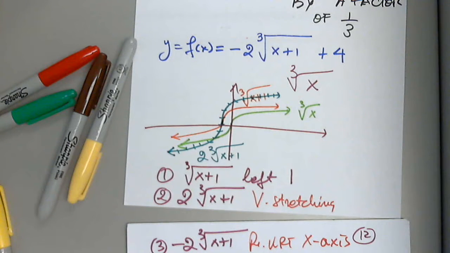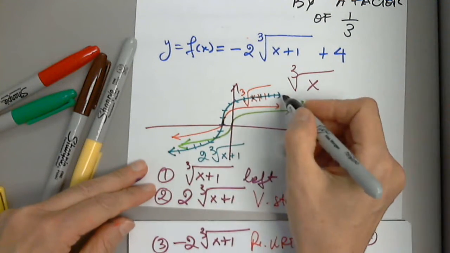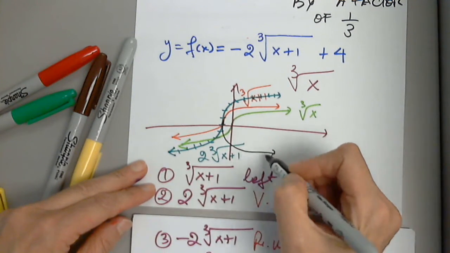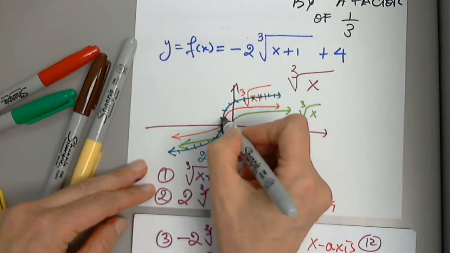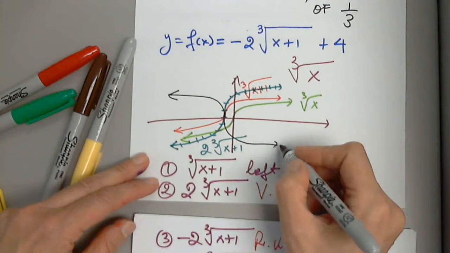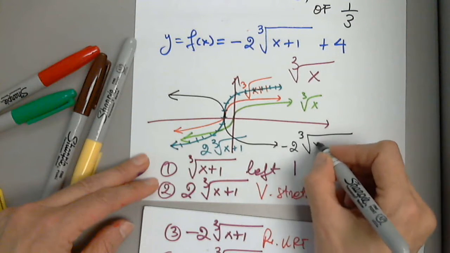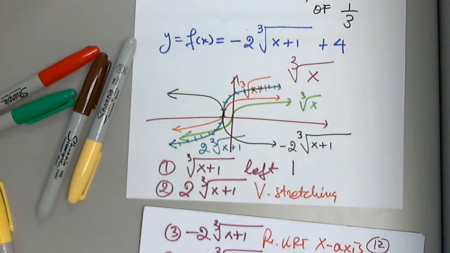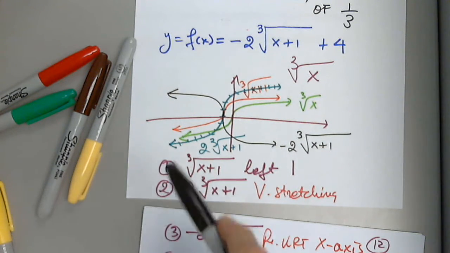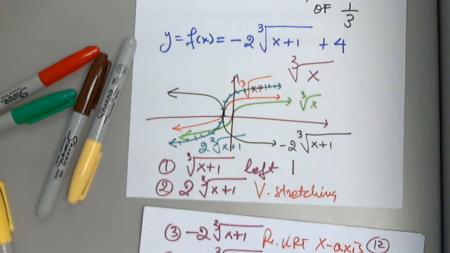Then you told me to do what? To number 2 to get number 3. Right. This piece goes here. This piece goes here. So this graph is negative 2, the cube root of x plus 1. Final step. What do I do to this graph?